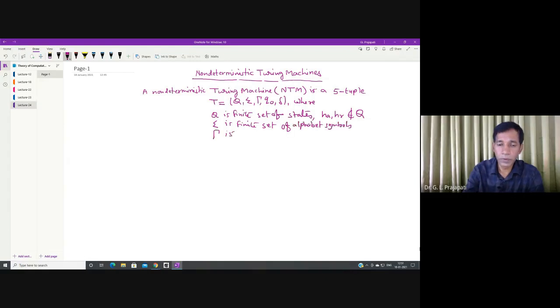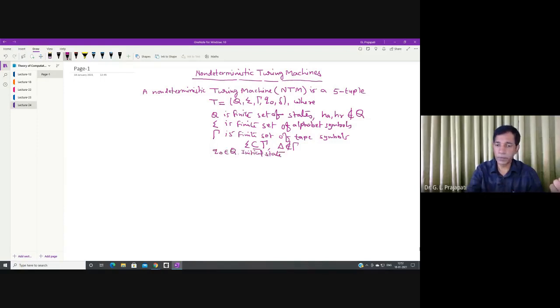Tau is the finite set of tape symbols, and again we assume that sigma is a subset of tau, and also the blank symbol is not a member of tau. Q0 is the initial state, and your Turing machine begins with this initial state.